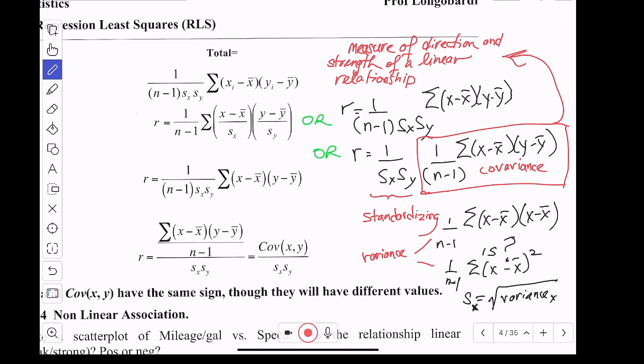It's the measure of the direction and strength of a linear relationship, except from variable to variable, we don't know what a high or low covariance is. So we have two variables, we just don't know from sets of variables how to interpret if a covariance is high or low.